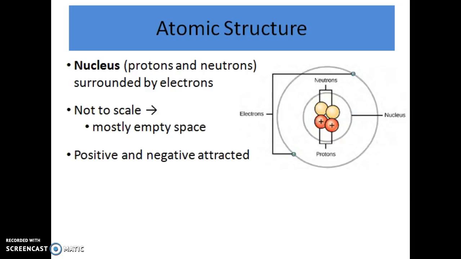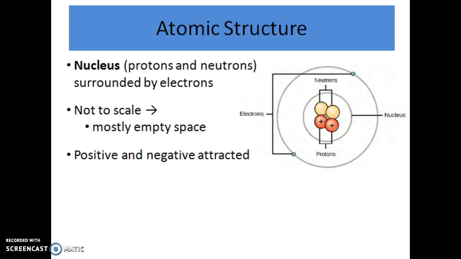The atom is going to be held together by the charges, with electrons being negatively charged, protons being positively charged. And so those positive and negatives are going to be attracted to each other. And that attraction then, that is what keeps the electrons from flying away and no longer being associated with that atom.